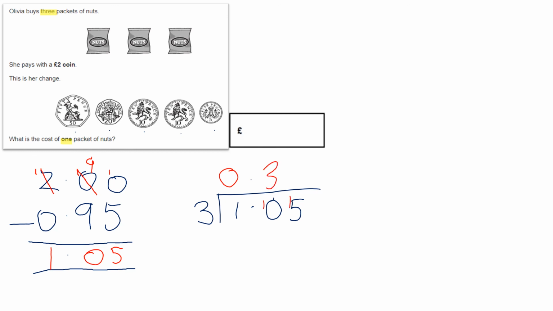Again, carrying the 1. How many times does 3 go into 15? 3, 6, 9, 12, 15. That is 5. So that is £0.35, or, as I've done previously, 35p. It would depend how the box was written. Sometimes this box does not have a pound sign. It has a pence sign at the end.